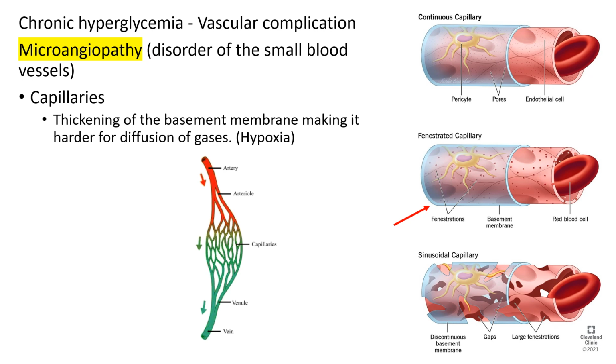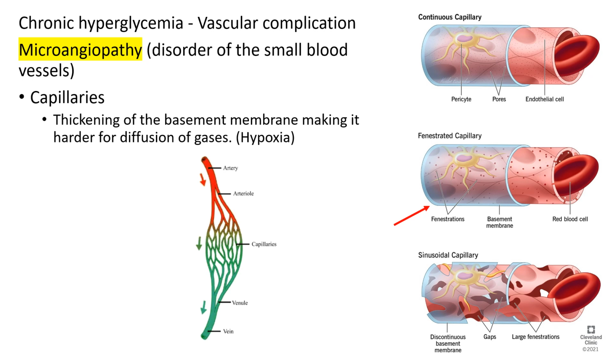Now, the other type of chronic hyperglycemia that involves the vessels is going to be microangiopathy. This is going to damage the small vessels such as capillaries. How it damages it is we're going to have a thickening of the basement membrane that makes the capillaries harder to diffuse gases.